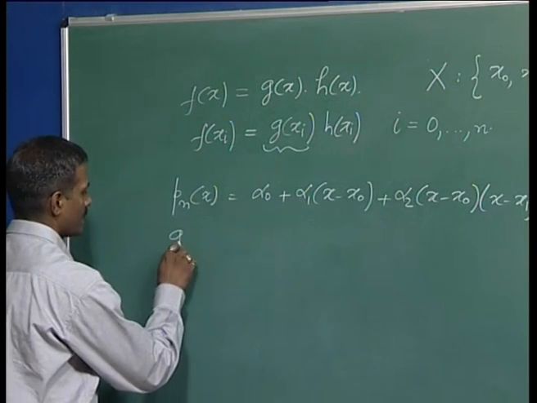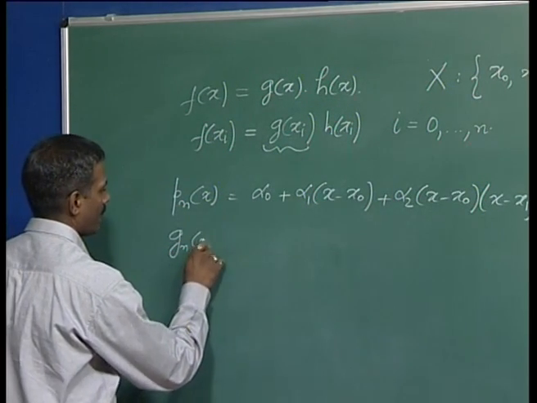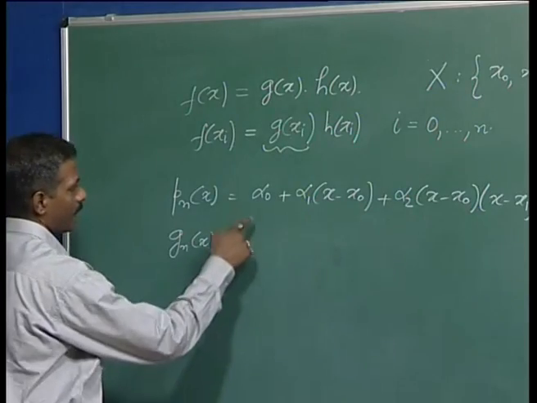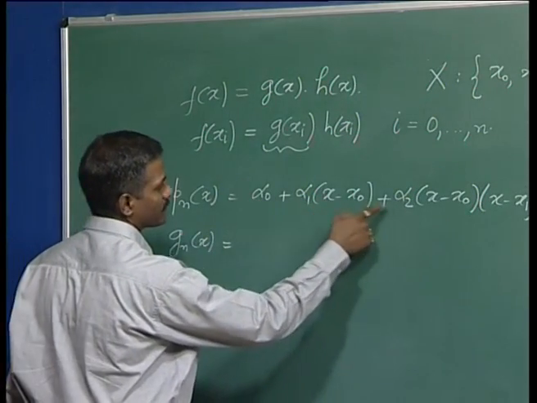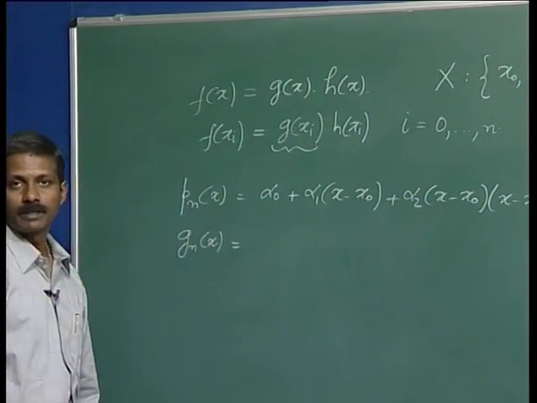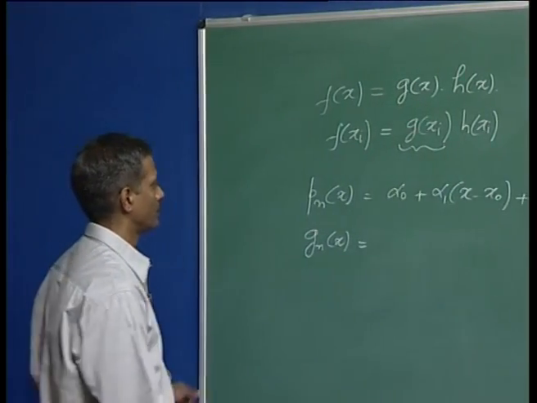Now, let's express this result to represent g(x) as a polynomial of degree n. So, g_n(x) equals, I'm going to be writing the divided differences directly as per the notations that we know.